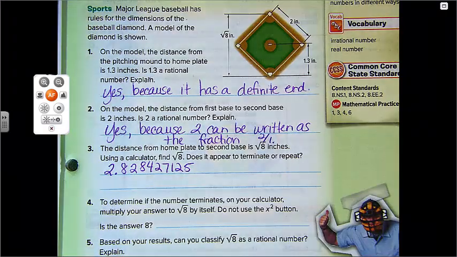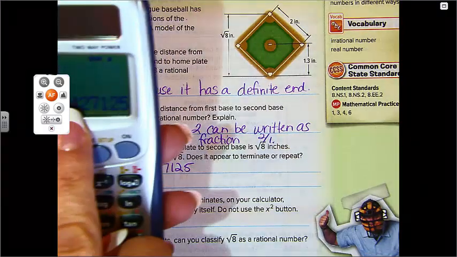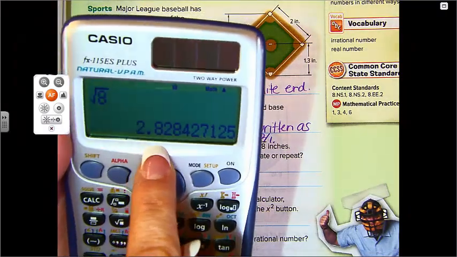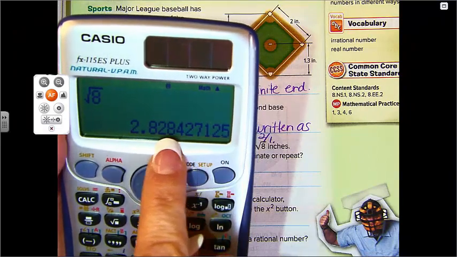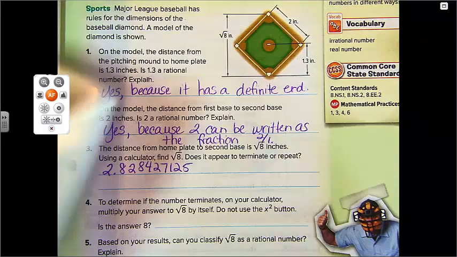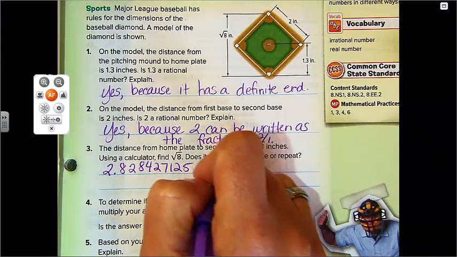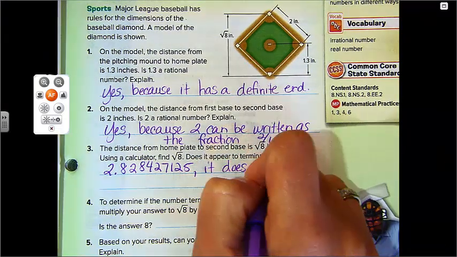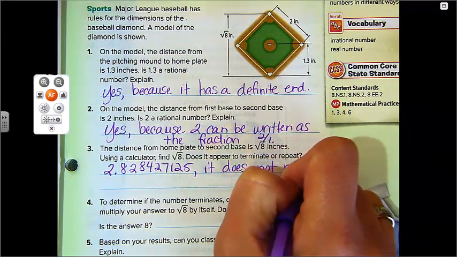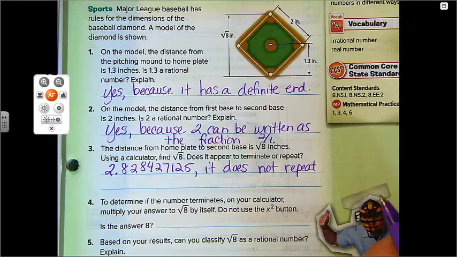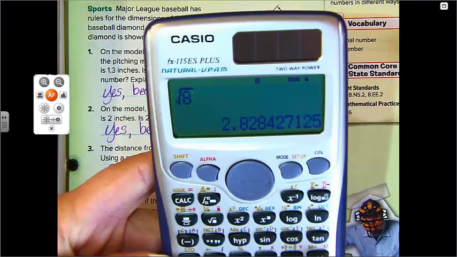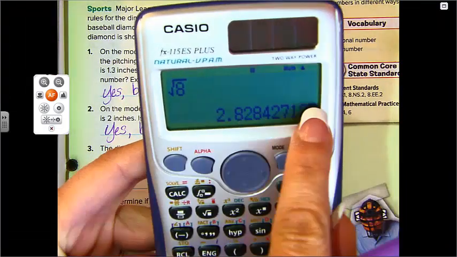It says, does it appear to terminate or repeat? Well, I can tell you right now that it does not repeat. None of these numbers are the same or in a pattern across. So it does not repeat. And then it says, does it terminate? If I look at my calculator screen, does it fill up the entire screen?